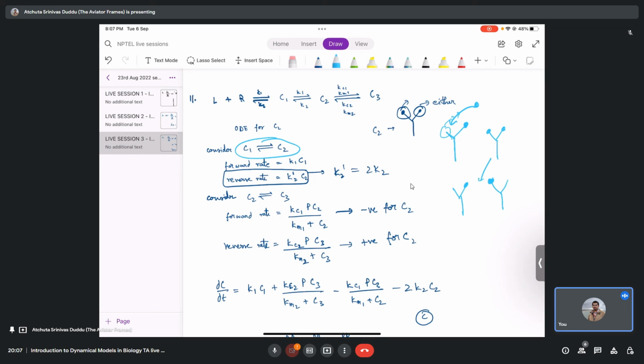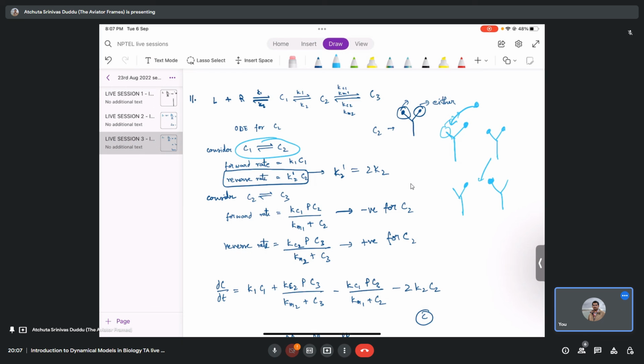K2 is the rate constant for the reverse reaction from C2, that is the reverse rate for unbinding of one ligand. Why are we doubling the rate constant? We are doubling it because there are two binding sites occupied, and both of them can leave.